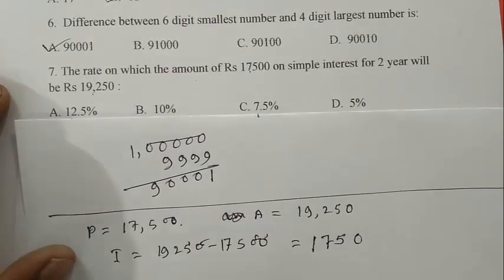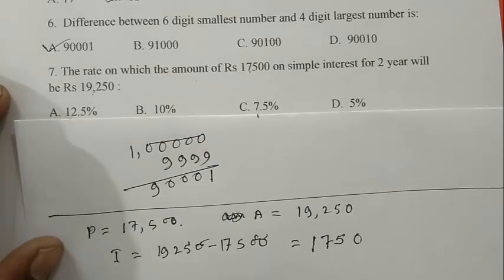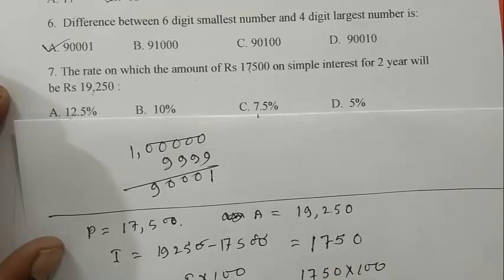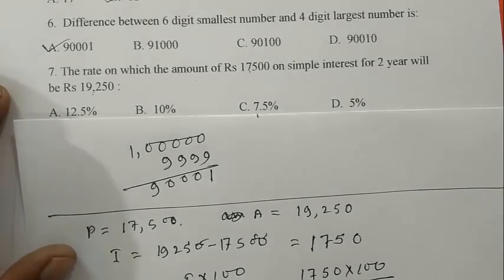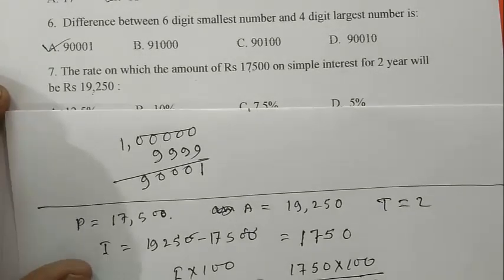So we know from the formula, rate R equals I into 100 by P into T, that is 1750 into 100 by 17500 into T, 2 years. Here time is 2 years.